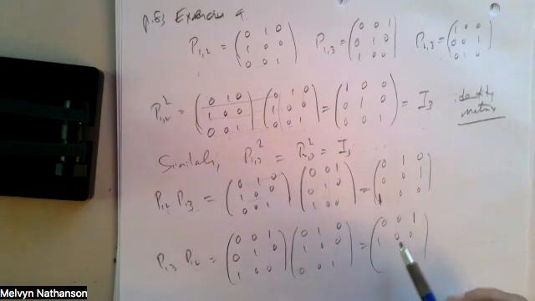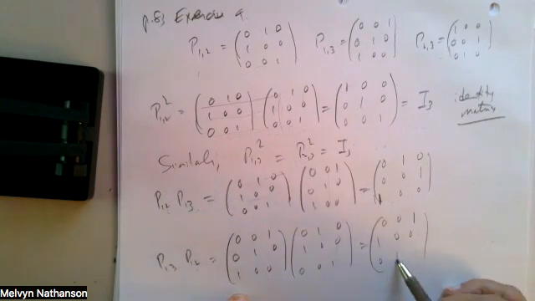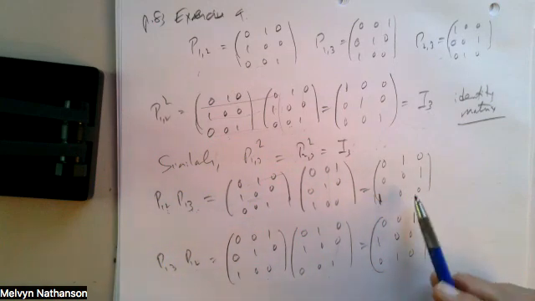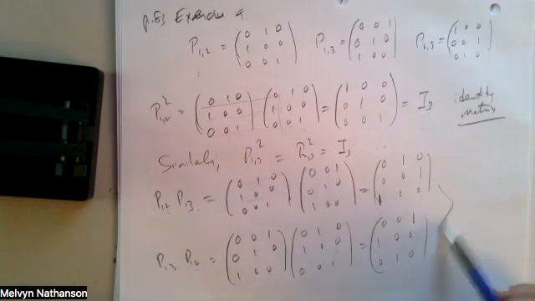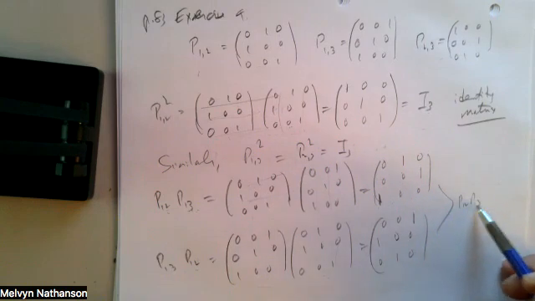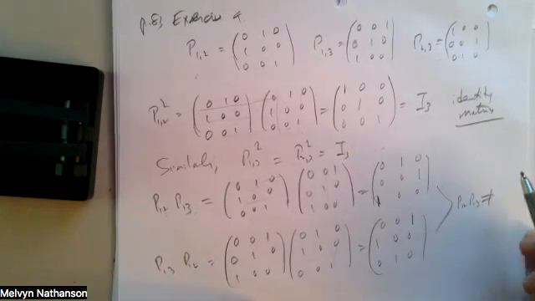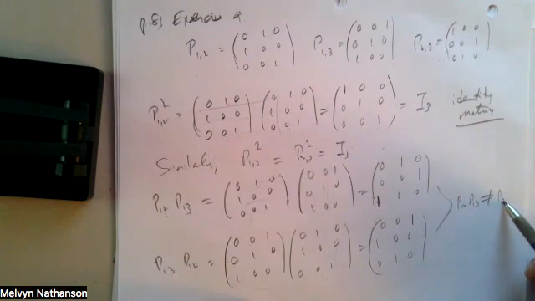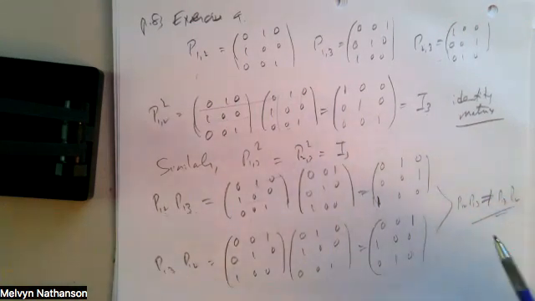Second row into the third column is 0. Third row into the first column is 0. Third row into the second column is 1. Third row into the third column is 0. And if I look at these two matrices, they're different. So P12 P13 is different from P13 P12. It's just an exercise in matrix multiplication.